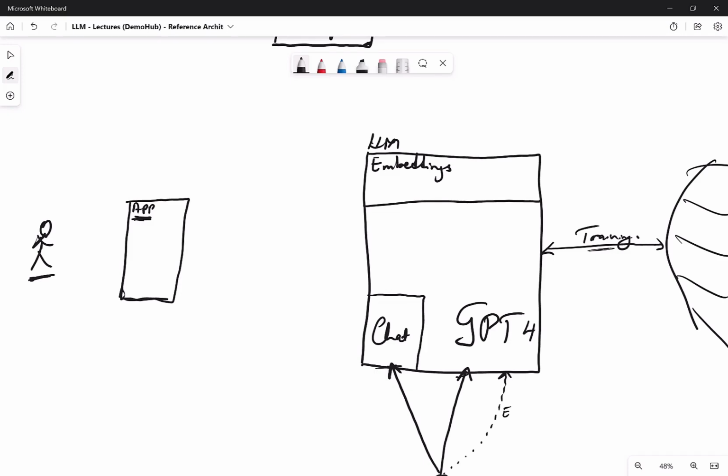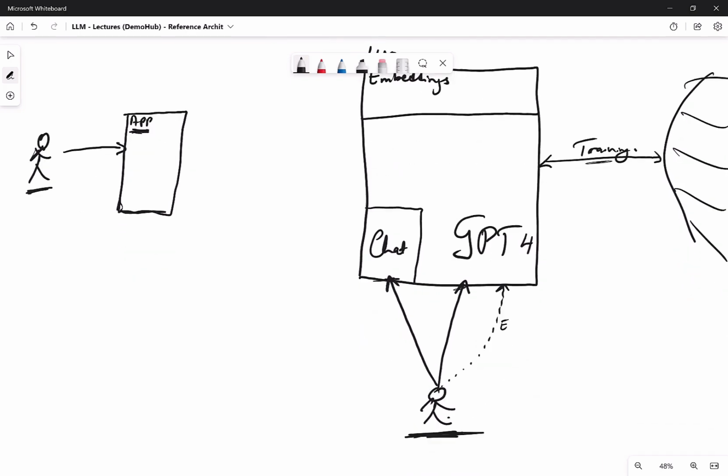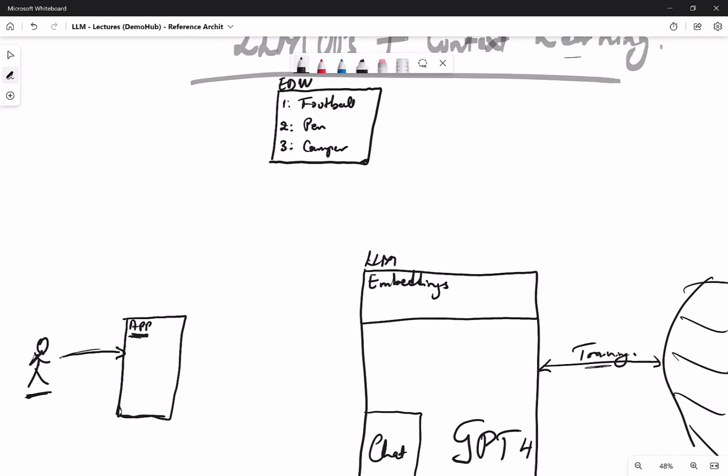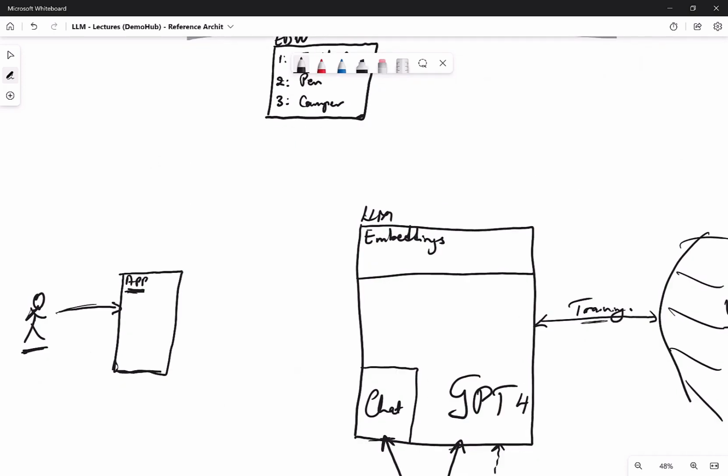Now, as a user, your query goes into this interface as opposed to going to OpenAI or ChatGPT directly. If a user poses that question, there are a couple of things we can do. We can take the question as before and send that directly to ChatGPT and get a response.